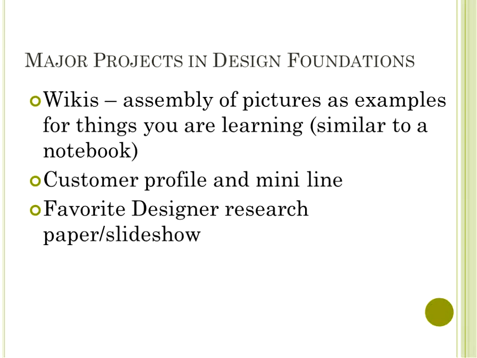On the course information page, I have a little video tutorial of how you go about adding things to the wiki. It allows you to create separate pages in the wiki so that each page is focused on the one topic for that element or that principle.